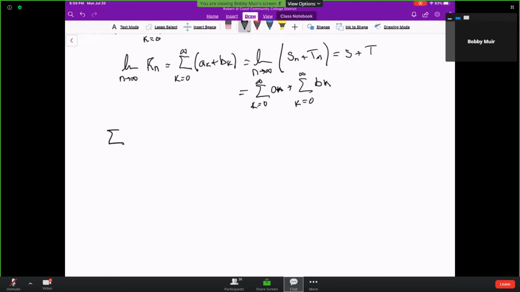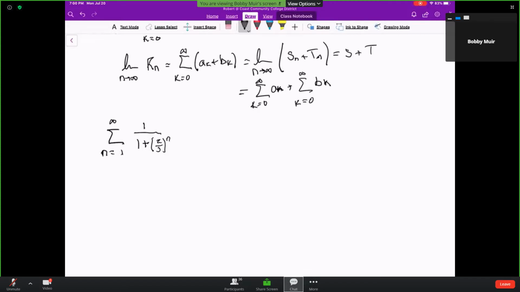That says the sum n equals 1 to infinity of 1 over 1 plus 2/3 to the n.